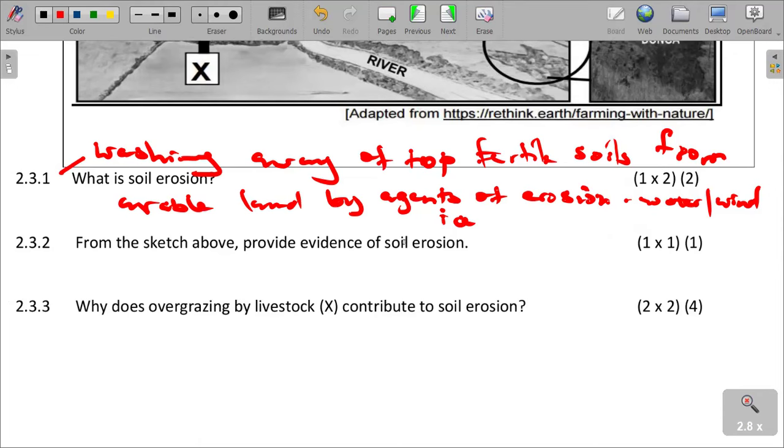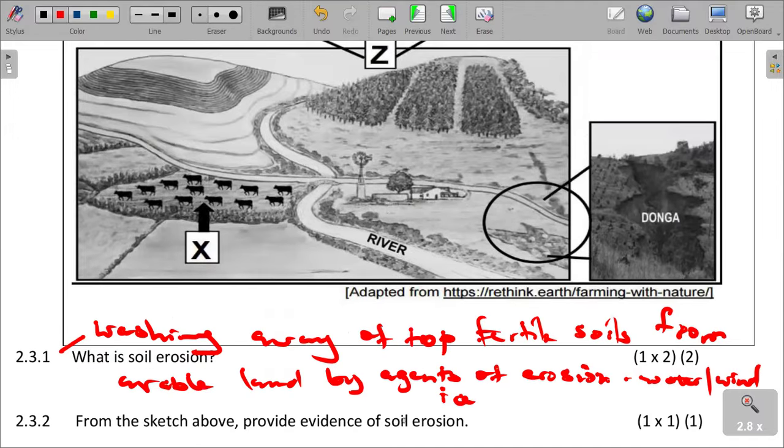And then from the sketch above, provide evidence of soil erosion. The sketch provides the evidence of soil erosion. If you can look here, a donga is a very big gully that is formed because of erosion.